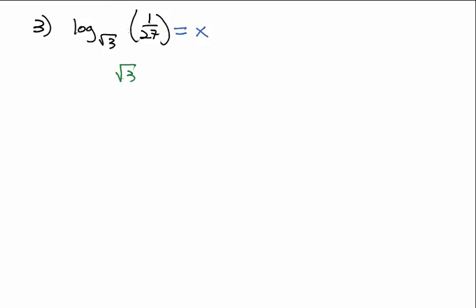We have the square root of 3 to the x equals 1 over 27. And we can get both of these to have the same base because square root is really just a 1/2 power. So we have 3 to the 1/2 x, and 27 is 3 to the 3rd. We make it a fraction by making it a negative third.